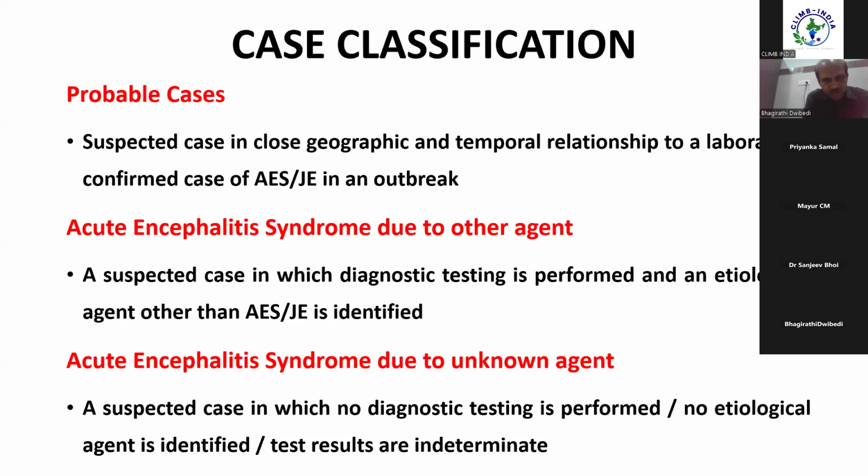And with investigations, if you are not getting a viral cause, you can say that this is some other cause, it's not viral, but some other cause we are identifying. And the case may so happen that we are not getting anything. So we say that this is a case of acute encephalitis without a cause, or unknown cause, or unknown etiology.